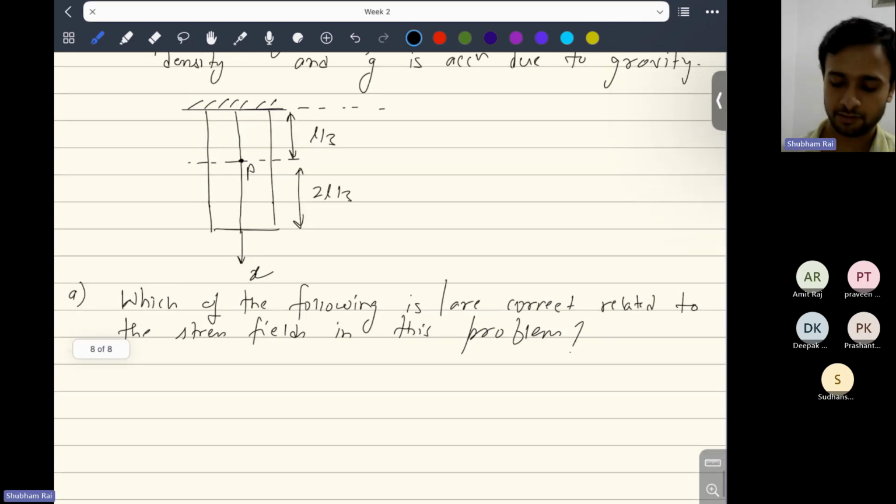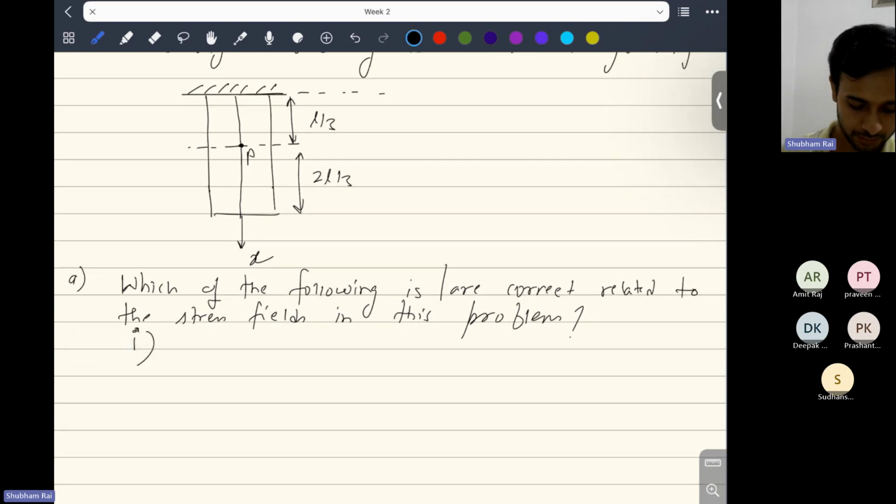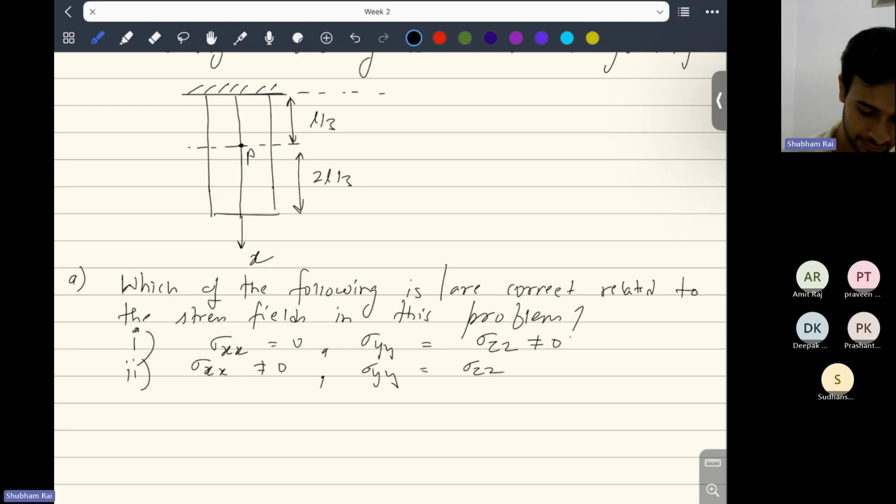So related to stress field, you have to tell which one is correct. So I think you will be able to answer. First option is sigma xx is equal to 0 and sigma yy is equal to sigma zz is not 0. Second option is sigma xx is not equal to 0 and sigma yy is equal to sigma zz is equal to 0.